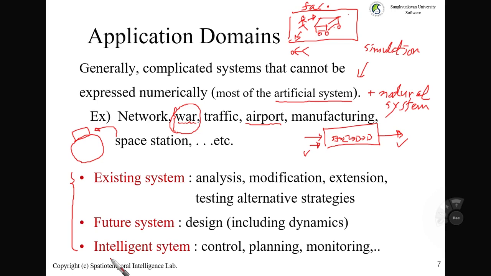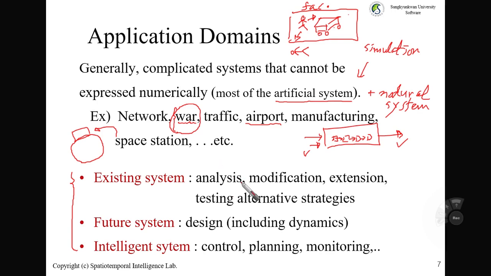First, we can apply the simulation models to an existing system. For what? If it is applied to the existing system, then it is for analysis of current performance or analysis of current strategy or the current schedule.